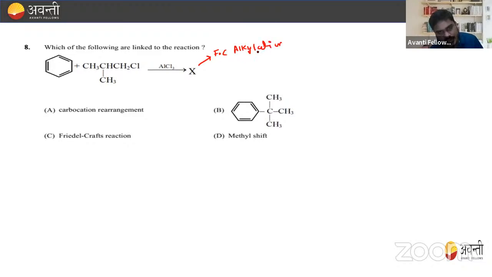Now, here is one important note, because here we have CH3, CH, CH2, and Cl. We know that this CH2 will become a positive charge. So what reaction takes place?